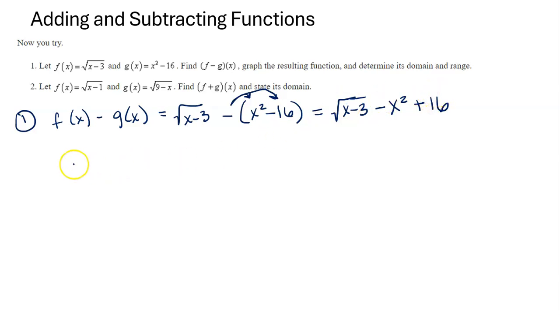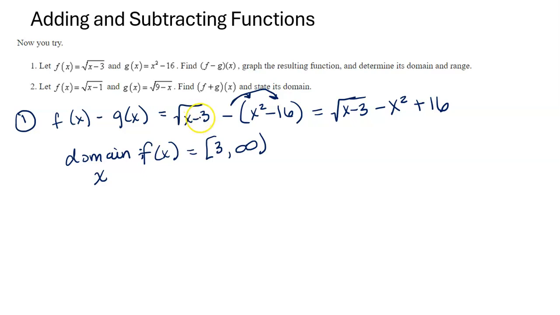Okay, the domain, which is our x. For f of x, it's 3 to infinity, because it cannot be less than 3 for this to be positive.